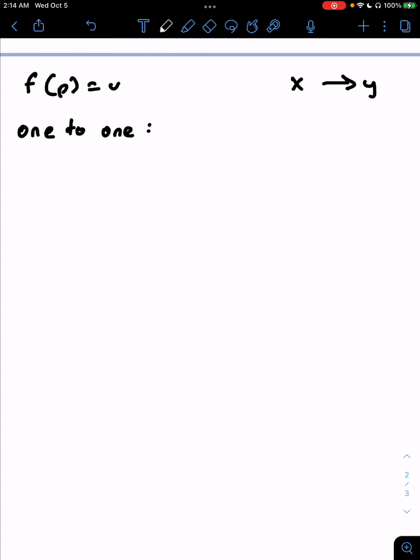So this is 1-to-1, but if you have, let's say, y2 and this same x1 maps to y2, then that's not 1-to-1, right? So y in this case are the umbrellas, and that's all the people, right?